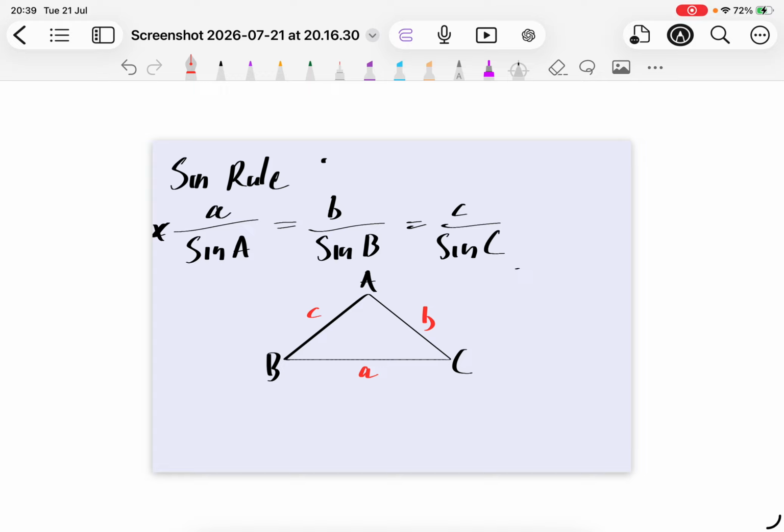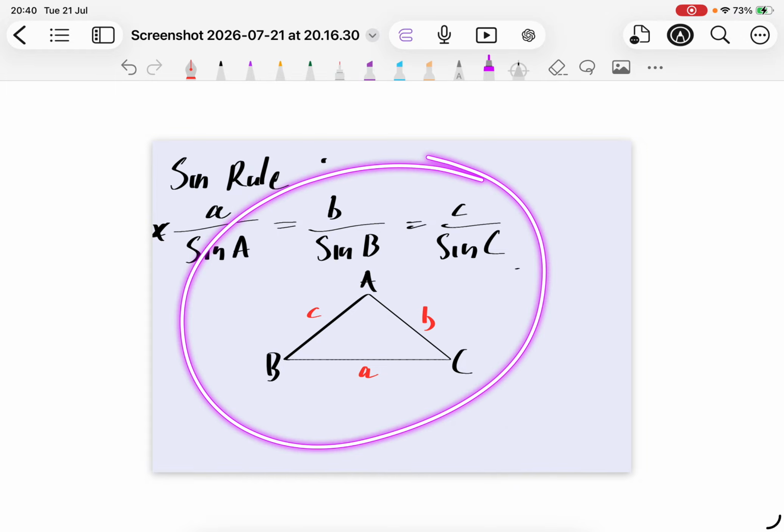If I'm given the side of A, here's my A side here, and then the angle of A, I can say it's equal to the side as well as the angle of the other side, right? For any triangle, it doesn't matter. It can be a right angle triangle, an isosceles triangle, an equilateral triangle, but that is the sine rule, right?